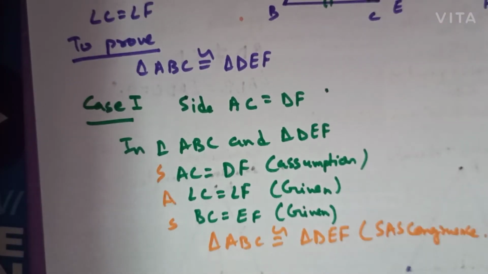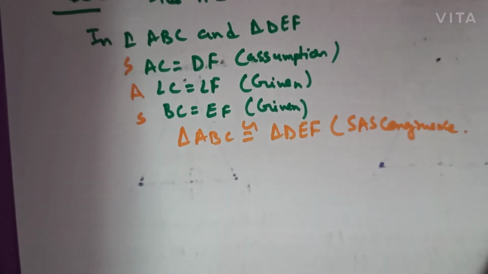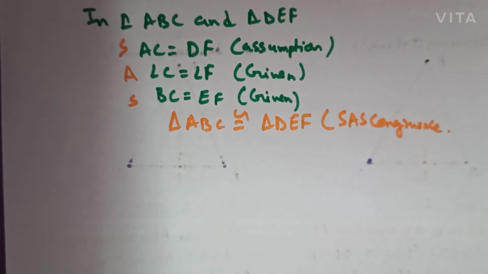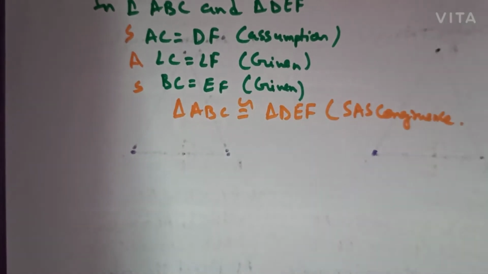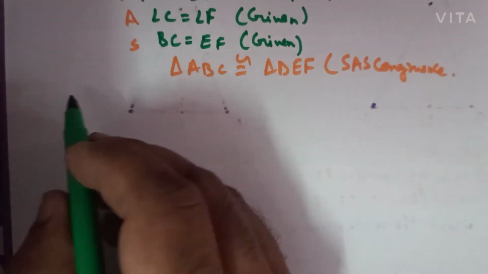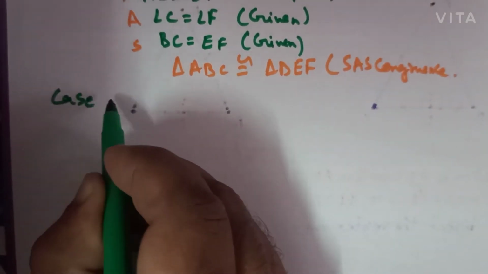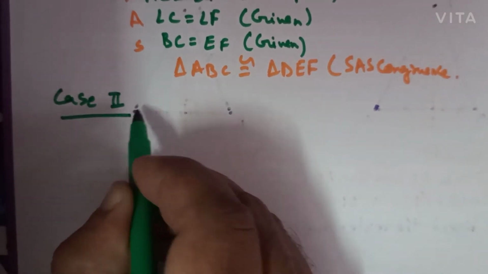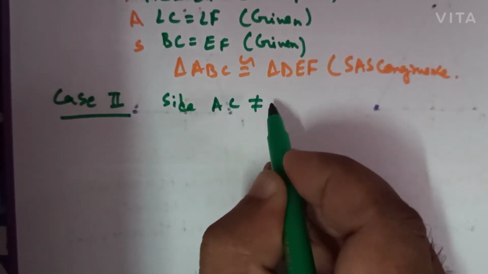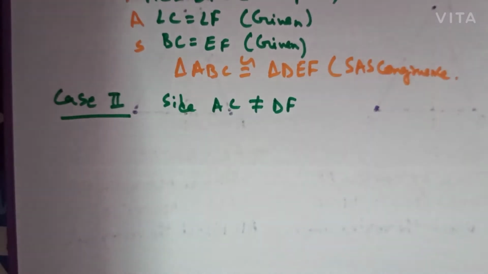Now the second case we will take, that AC is not equal to DF, suppose. If AC is not equal to DF, then AC can be either greater than DF or less than DF. So case 2, side AC is not equal to DF. So there are two things.